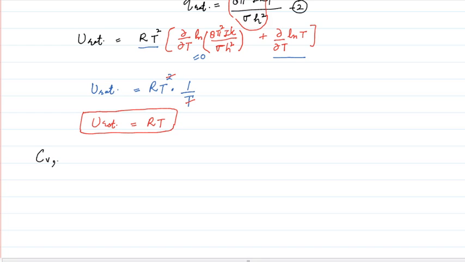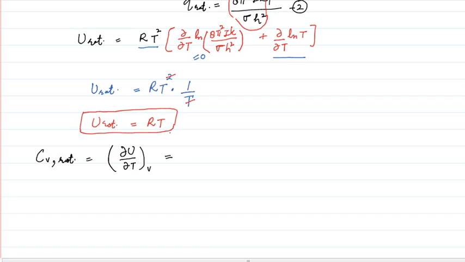But for this rotational part, that means the rotational partition function, we can write it as the differential of internal energy with respect to temperature at constant volume. So we will simply put the value of U here, RT.